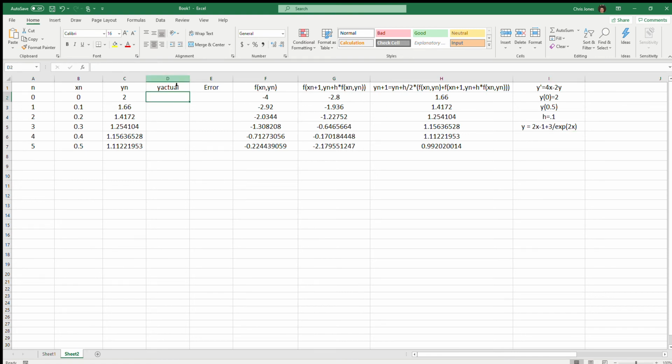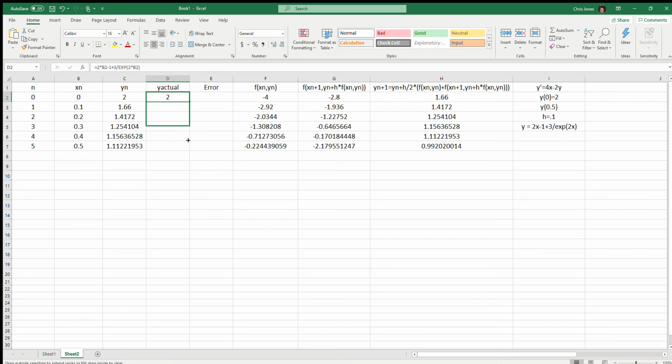So y actual is going to be equal to 2 times x, which in this case is b2, minus 1 plus 3 divided by e to the 2 times whatever's in this cell. That's the exact value. And of course the first one should be 2, otherwise it's not a proper model.